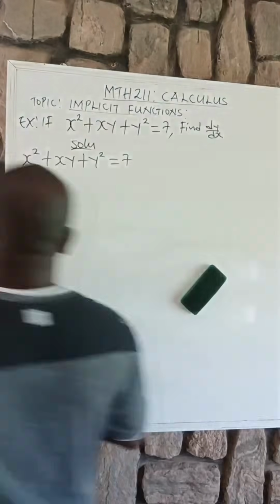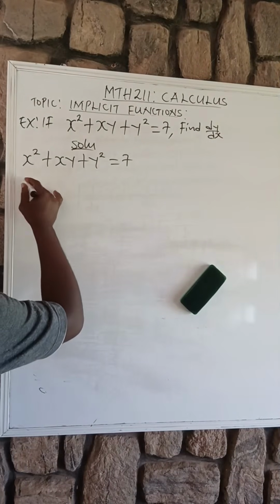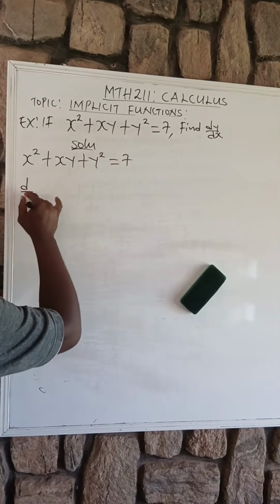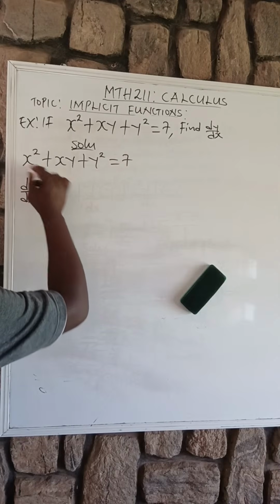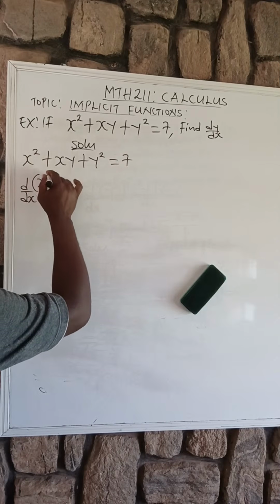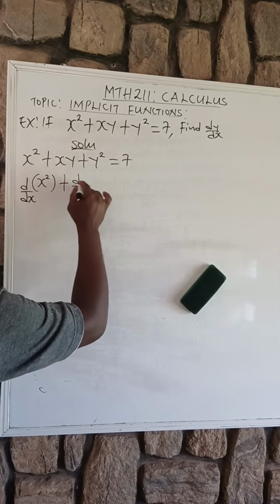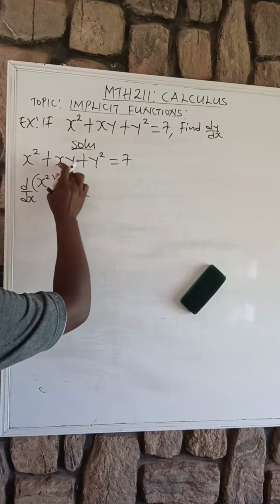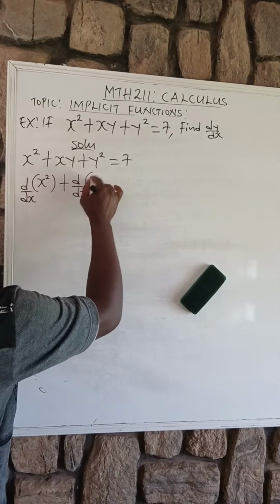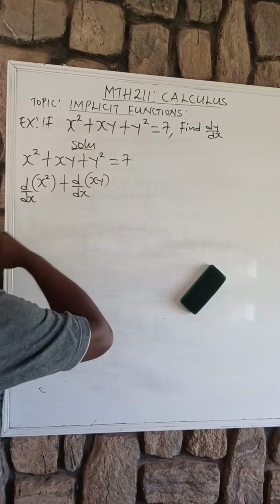Is that clear? So we now write d all over dx. Open bracket. What is here? x squared. And what is here? Plus. Then d all over dx of what is here? xy. Open bracket xy, close the bracket.